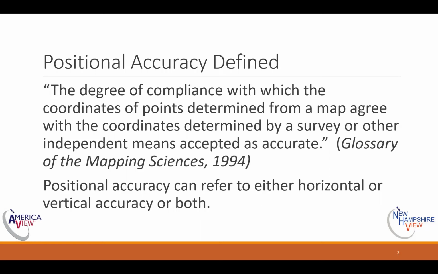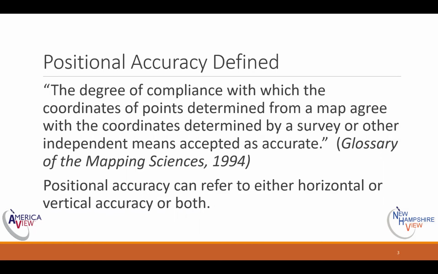So there's a bunch of key words in there, right? We're going to do a comparison. We're going to compare between a map and some other source of reference data. Here it says a survey or other independent means. Keyword is independent, and then accepted as accurate.